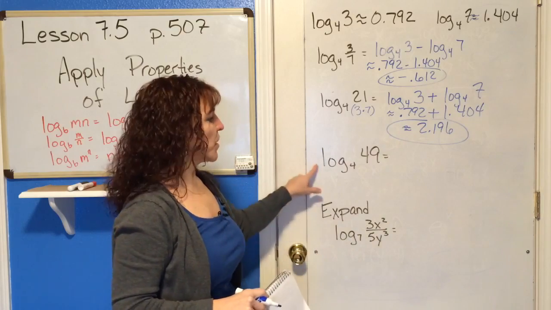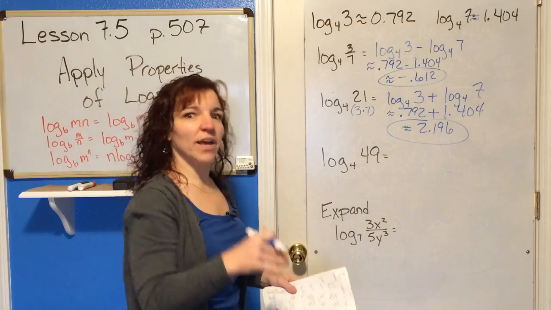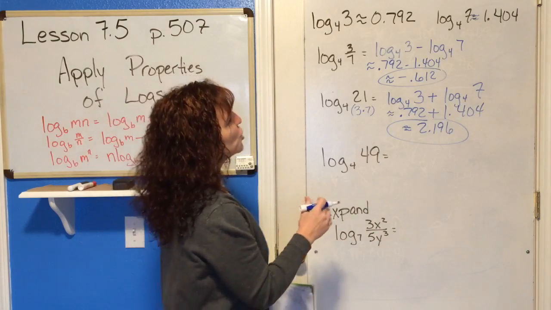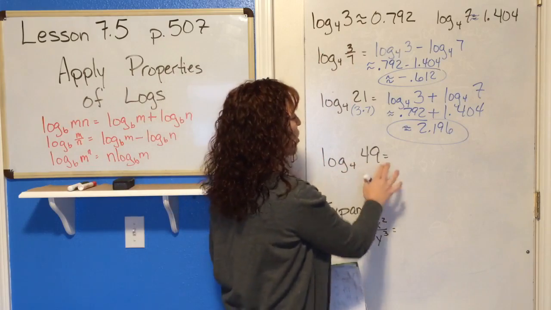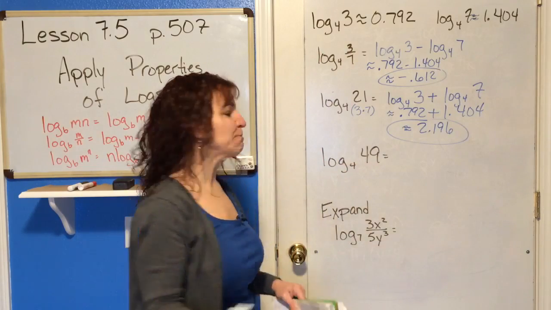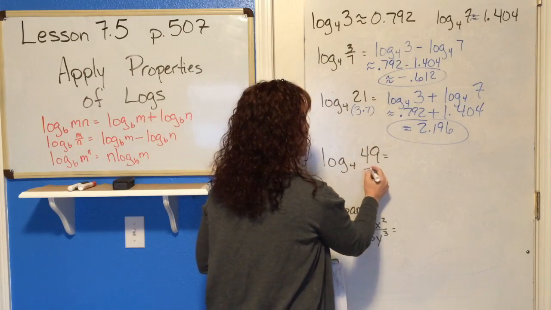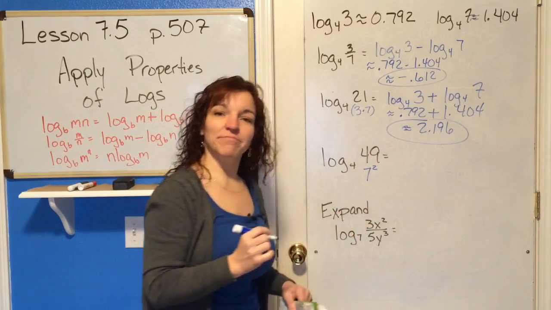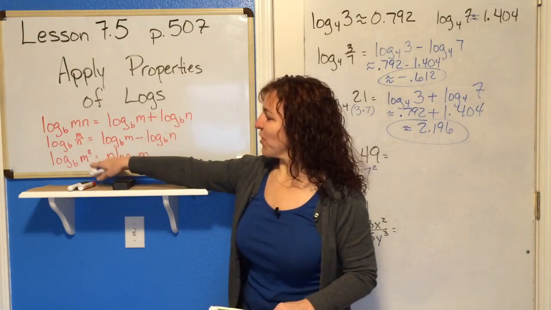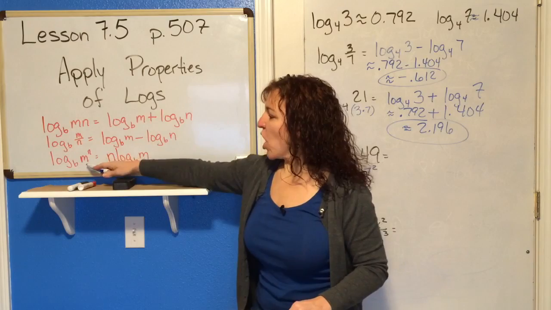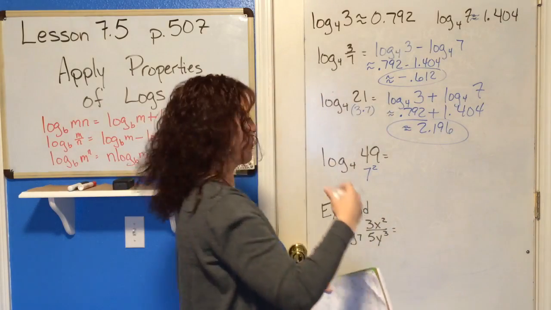So far, so good. If you think you got it, work on this one, pause it and see if you can do it. And I'll go on and I'll show you. All right, so the ones we know are the log of 3 and the log of 7, but now I have the log of 49. Well, I can do that because I know that 49 is 7 squared, right? And we have a property for that. If we've got a log of a number squared or to a power, we're going to pull that power out and make that the coefficient.